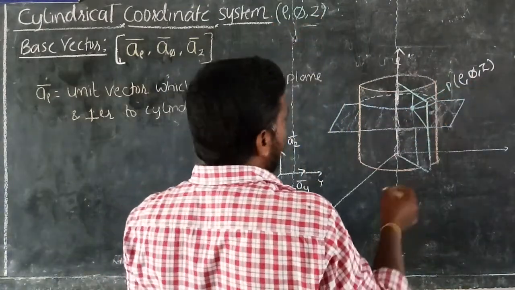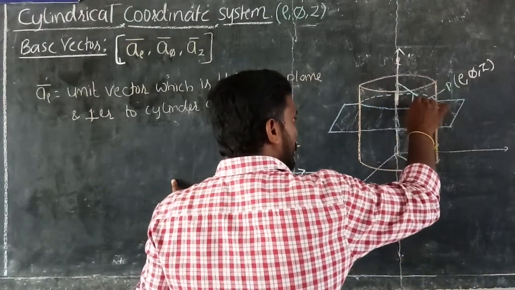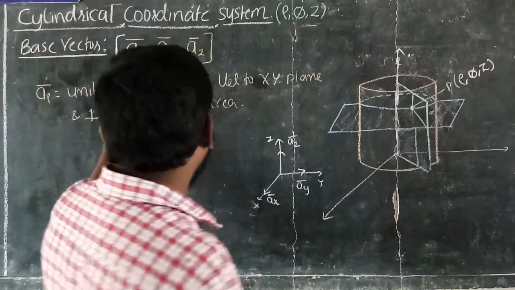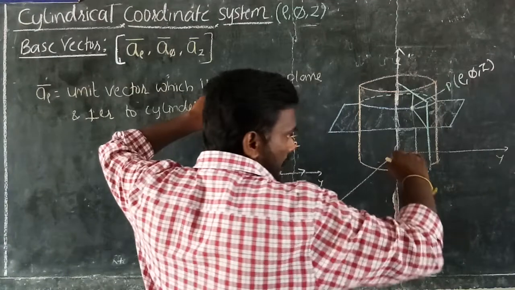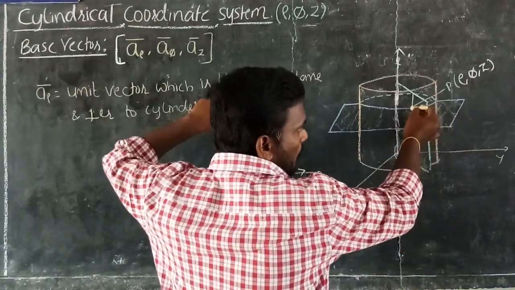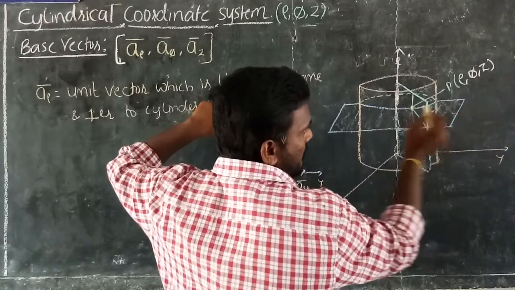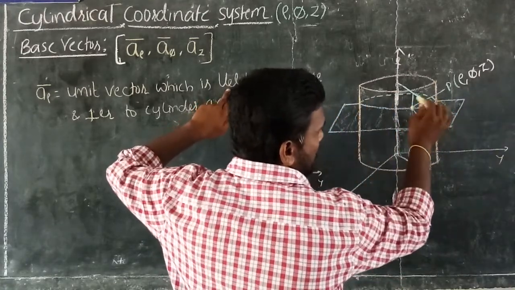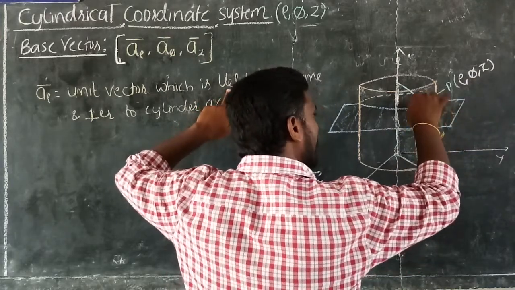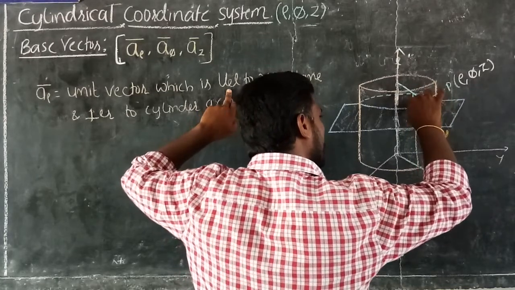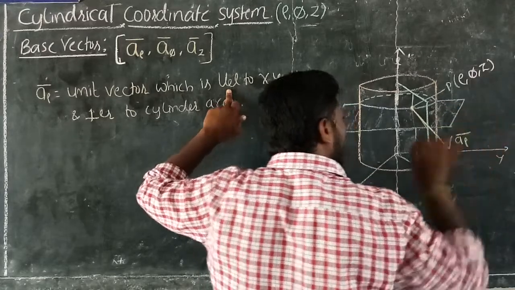So in which direction is a rho bar oriented? You take this common point. The unit vector is parallel to the xy plane, and it is perpendicular to the cylinder surface. For this surface area, your unit vector is perpendicular, that means it lies along the radius of the cylinder. This is your a rho bar.